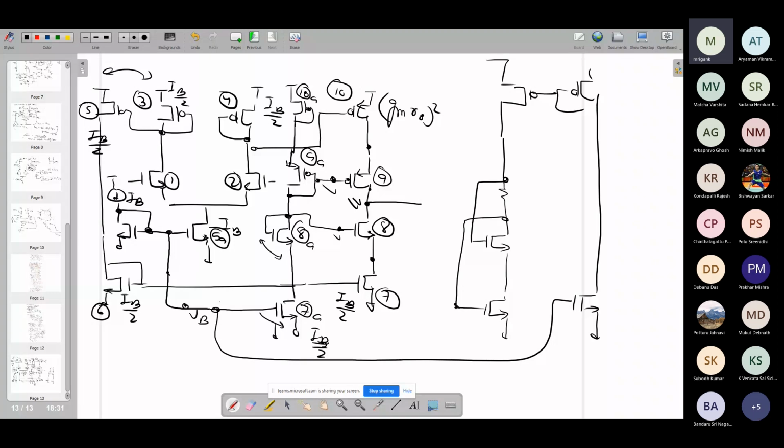And now this same IB, suppose you are having IB by 2, the same IB by 2 coming here, and this is going to mirror it in this one.